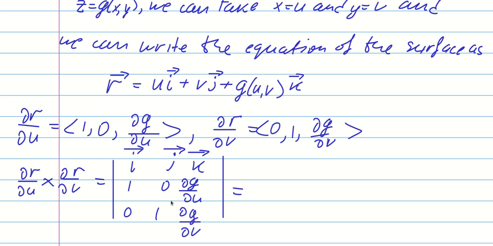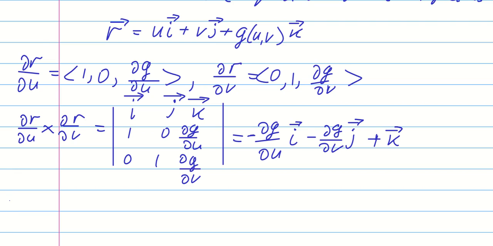For the i component, we get 0 times this minus 1 times this, so this is negative dg du i. Then for the second component, it's 1 times dg dv and then 0 times dg du, so it's negative dg dv j, plus 1 times 1 k.